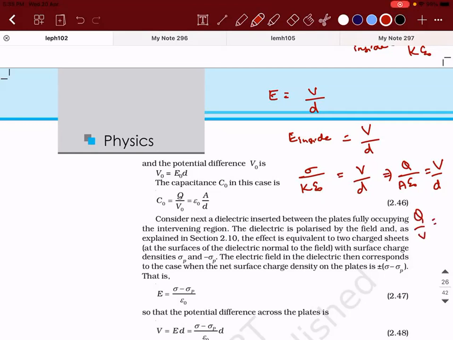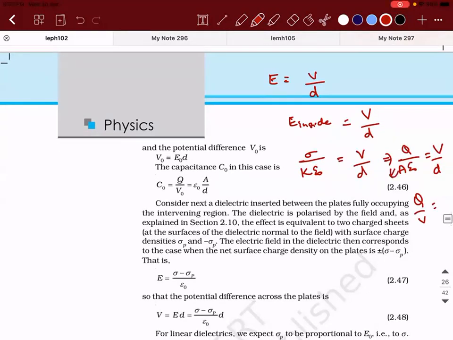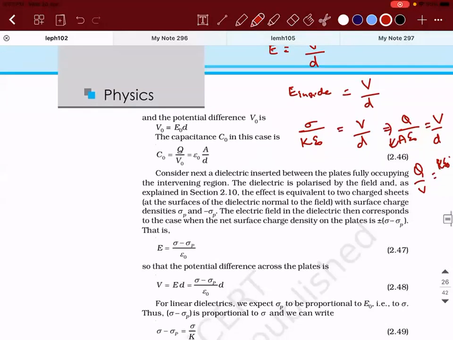What will you have on the right hand side? Kappa epsilon naught A divided by D.